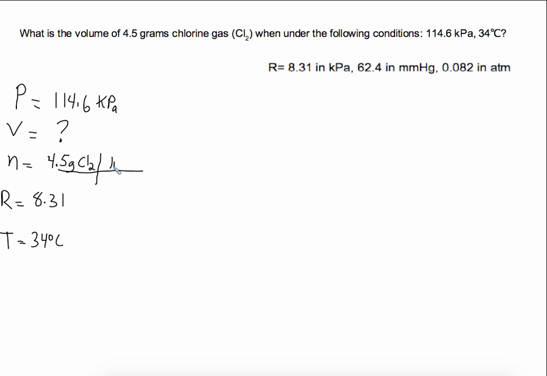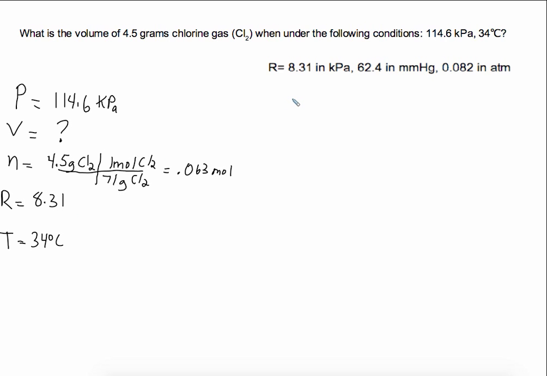So we can just use a short picket fence and change to moles. 1 mole of chlorine is 71 grams. That's the molar mass of Cl2, 71. And so that equals 0.063 moles of chlorine gas.